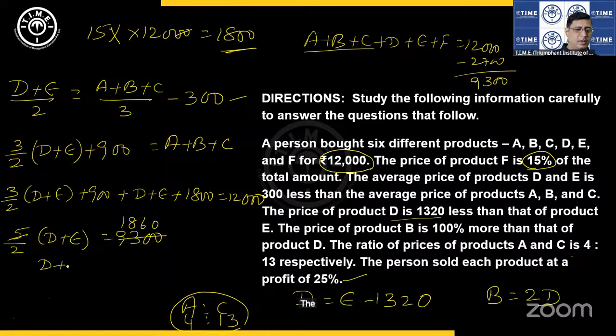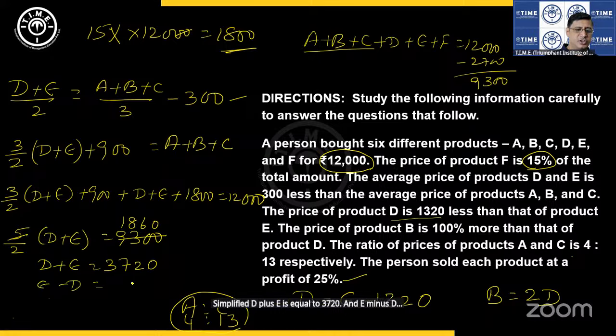The value of D plus E is equal to 2 times of this. 2 times of 18, 36. 36 means 3600 plus 120. 3600 plus 120 means 3720. Now simplify: D plus E is equal to 3720.